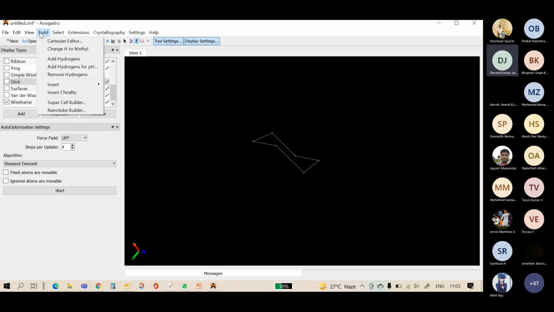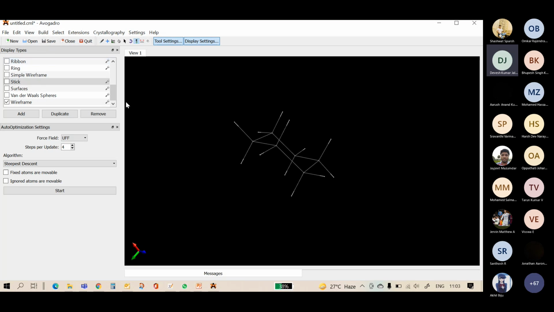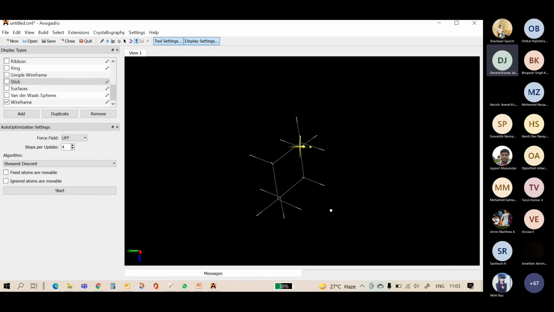Let me build the hydrogens. Now you can see the hydrogens. Looks beautiful. In the previous class that I taught, for which the video is available, when I was trying to do the minimization, it did not end in a chair conformation, but went to some other conformation.